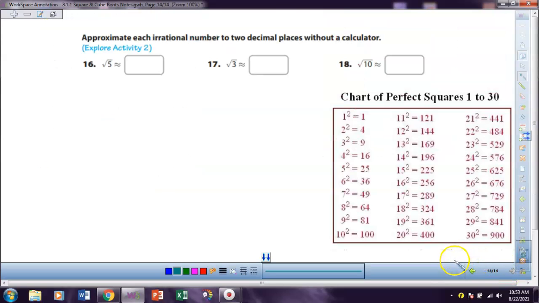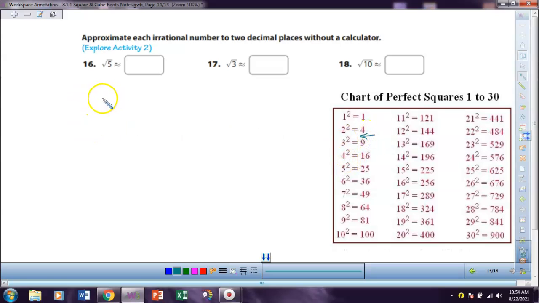We're going to practice some of these. Our first one here is the square root of 5, and we know that 5 is not a perfect square. If I look here, I don't see a 5 as one of my perfect squares. 5 does fit between 4 and 9.